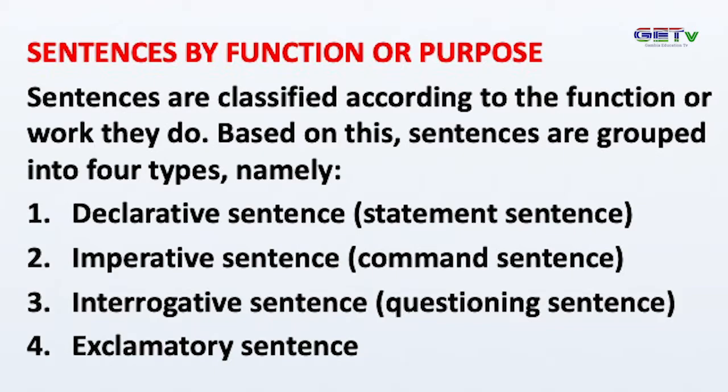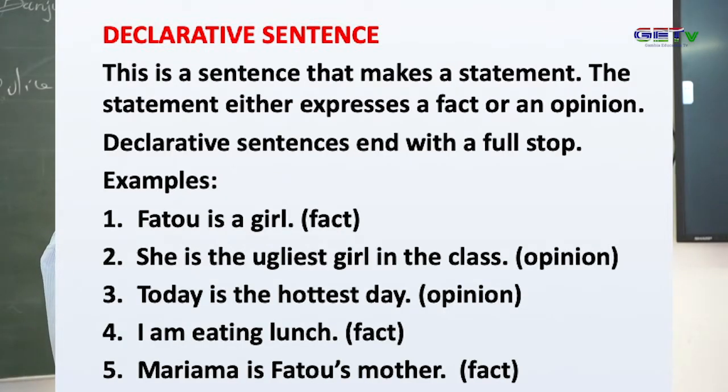Declarative sentences, otherwise called statement sentences. Imperative sentences, otherwise called command sentences. Interrogative sentences, otherwise called questioning sentences. Exclamatory sentences. These are the 4 types of sentences by function. Let's move on. Good. We look at them one after the other.